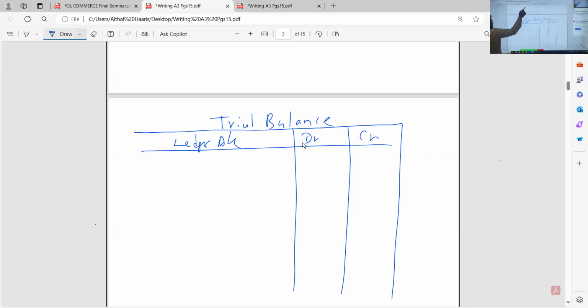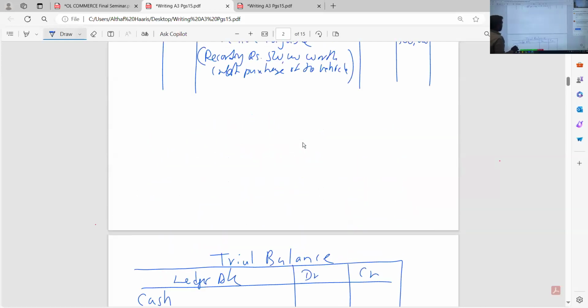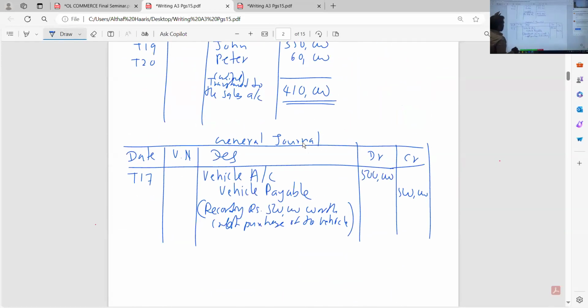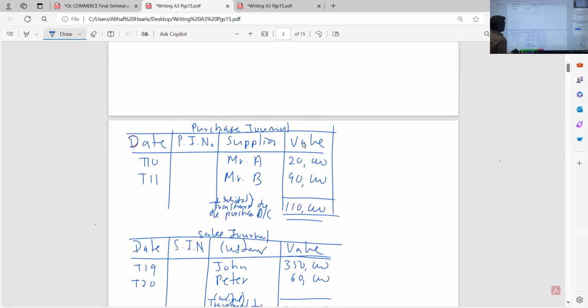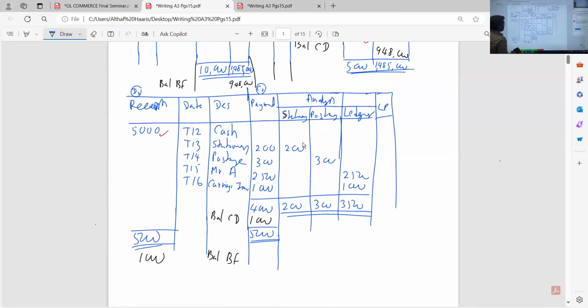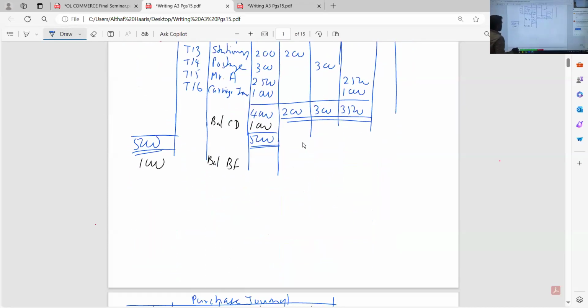Okay, fine. So here we'll start with the cash account. Cash, what is the value? Closing balance 948,000. Then petty cash 1,000.